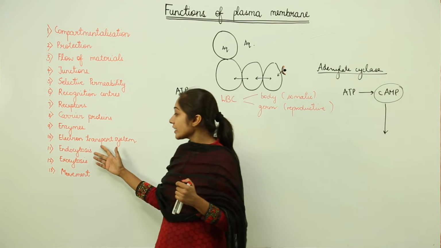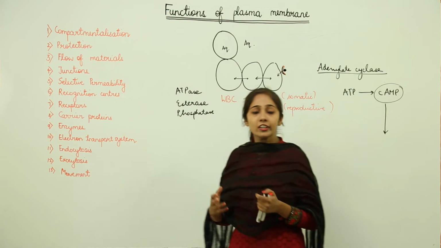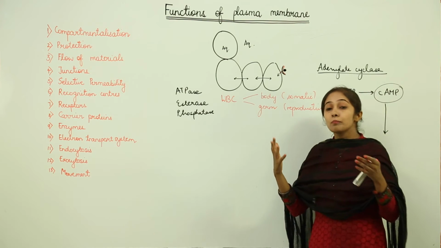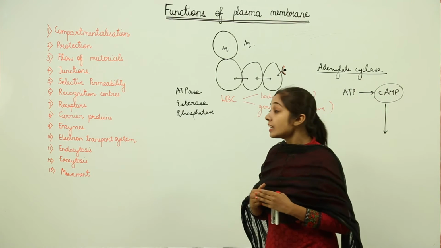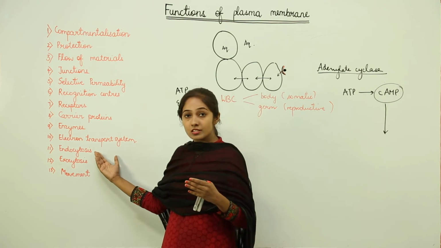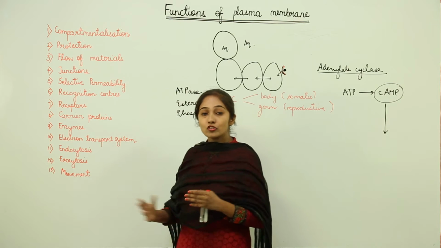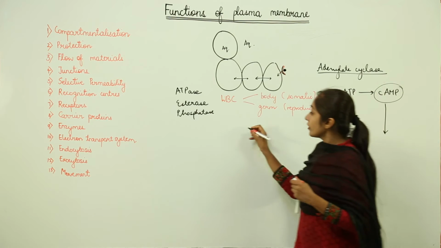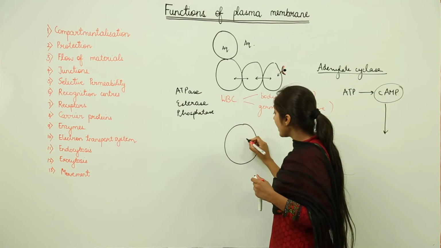Then we have endocytosis, exocytosis. You already know when there is bulk secretion of certain substances or bulk intake of certain substances, the plasma membrane has a feature to perform that, that is endocytosis and exocytosis. I'll explain you. For example, we have a cell and we have a hormone.